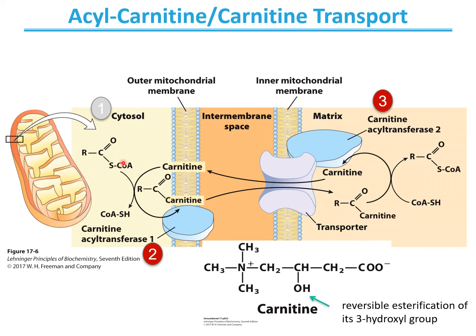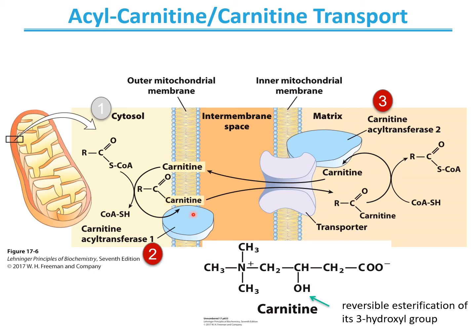Now that we have our activated fatty acid, it will be trans-esterified onto a molecule called carnitine, on this hydroxyl group here, which allows its recognition on the outer mitochondrial membrane.